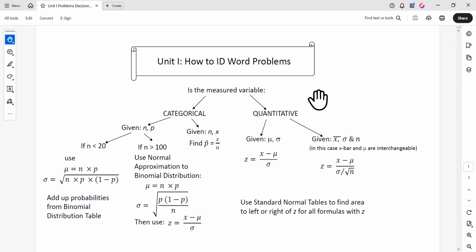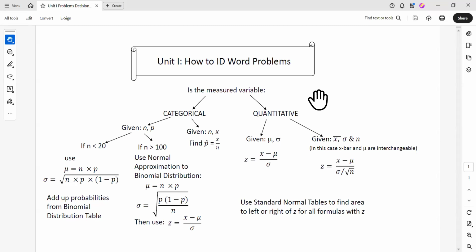All right, so what we're going to do if n is less than 20 is we're going to use the equations for the mean and standard deviation of a binomial distribution, which are mu equals little n times little p, and sigma equals the square root of the quantity little n times little p times 1 minus little p.